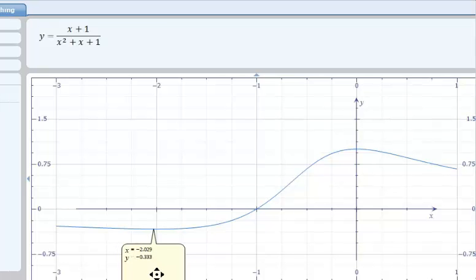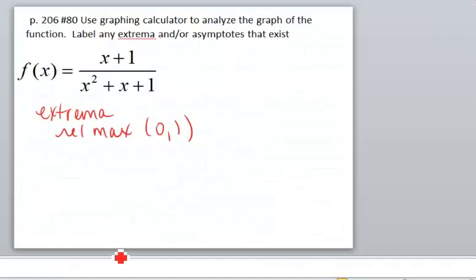So it looks to be about negative 2, negative 1/3. So a relative minimum at (-2, -1/3).